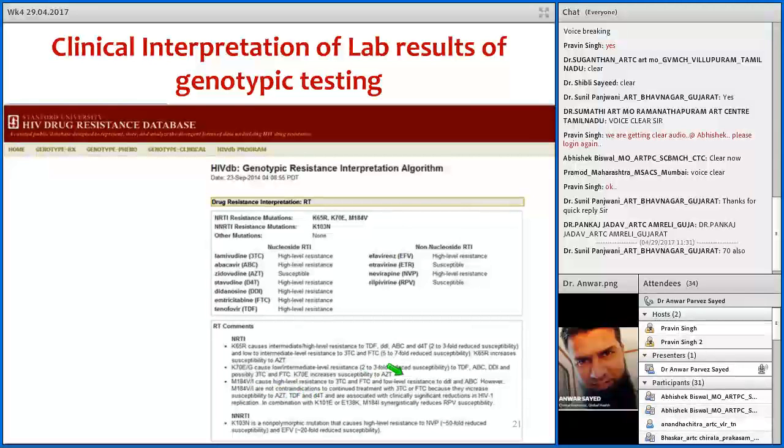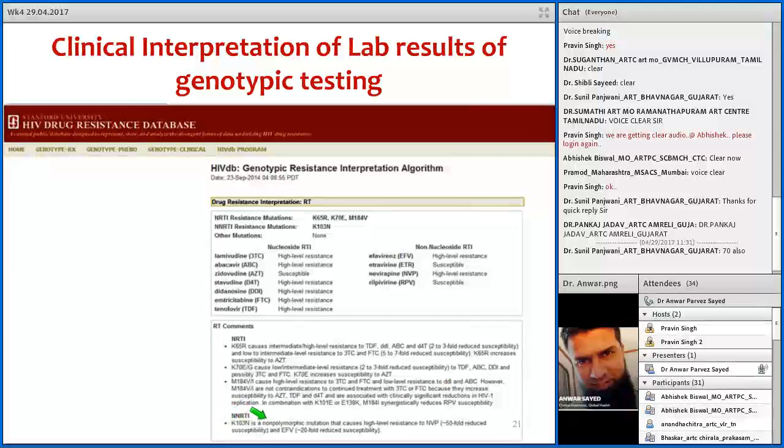There is one more point here: a person with M184V, which almost every person failing the first line will have, will have low level resistance to Abacavir also. So those who ask why we can't use Abacavir in place of Zidovudine in the second line, the answer lies here. Abacavir is not very sensitive in the second line if the first line has already failed, because with the M184V mutation there is low level resistance to Abacavir as well.